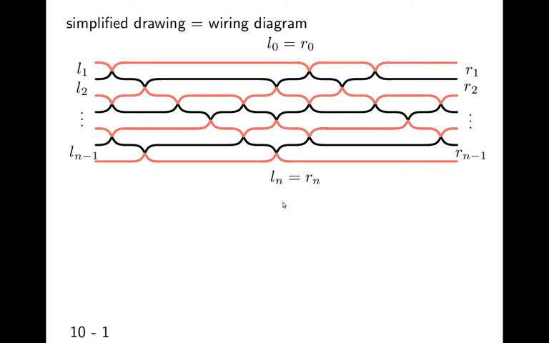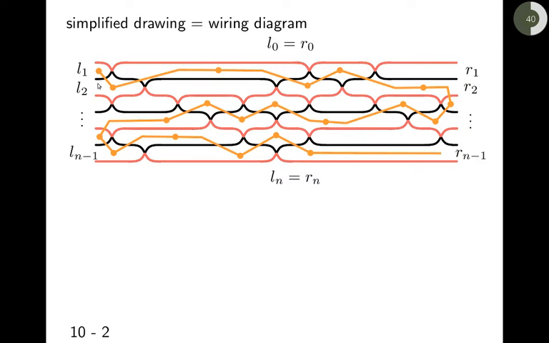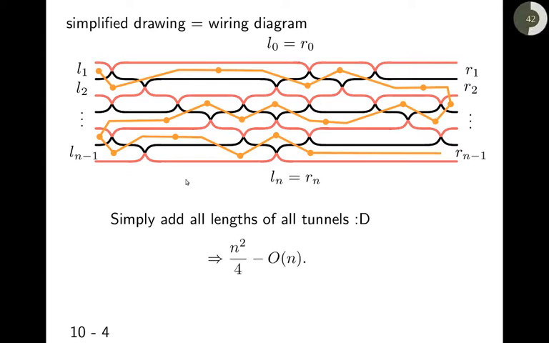Yeah, so here again are our levels in red, and the tunnels are in between. And so yes, this is how the path would look like. It just goes from one tunnel to the next and so on and so forth. And then we can just add all these lengths together and we get n squared over 4.